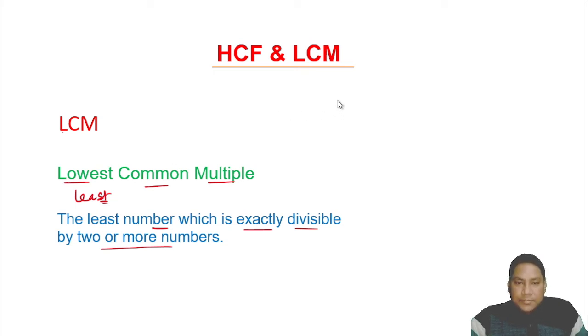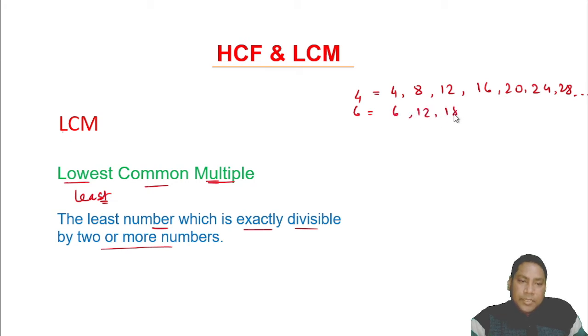We will take the example of 4 and 6. First we will take the multiples of 4 and 6. The multiples of 4 are 4, 8, 12, 16, 20, 24, 28 and so on. Likewise, the multiples of 6 are 6, 12, 18, 24, 30, 36 and so on.